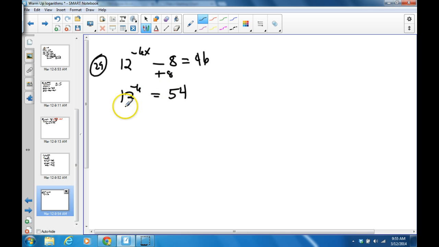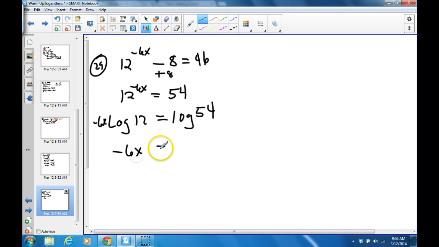Now we can take the log of both sides. That makes it better. Hey, I can change my mind. Then if you divide both sides by log 12, you have negative 6x equals log 54 divided by log 12.